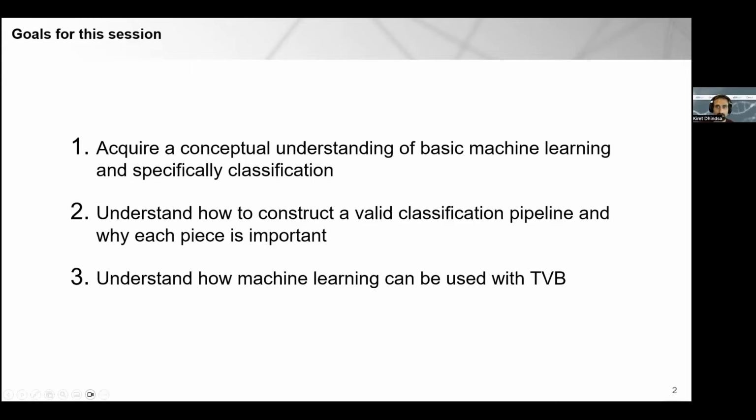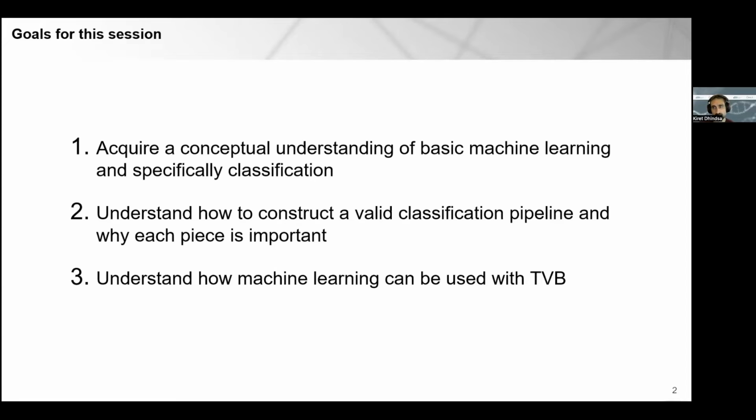Second, we will understand how to construct a valid classification pipeline and why each piece of it is important for validity and robustness. This is geared towards first having the literacy to understand a paper that involves classification and machine learning in general, to understand how much confidence you can have in the results based on the pipeline and the methodology that they employ.